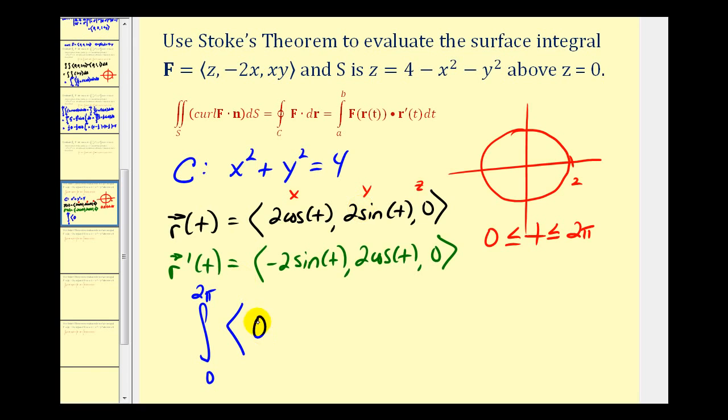Well, z is 0. Negative 2x will be negative 4 cosine t. And x times y is going to be 4 cosine t sine t. And we're going to dot this with r prime of t, which we found here in green.